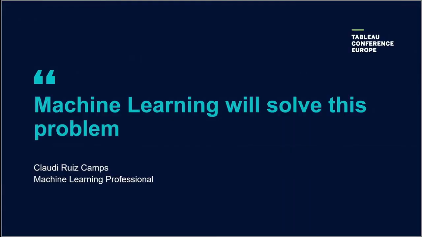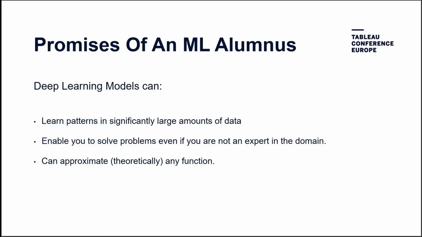If you use machine learning for this data checks, it will solve your problems. You don't have to define rules anymore. So his promise was he could implement a deep learning model, and deep learning will be able to learn patterns in a big data set, because what I said in the very beginning, our data sets are really, really huge.